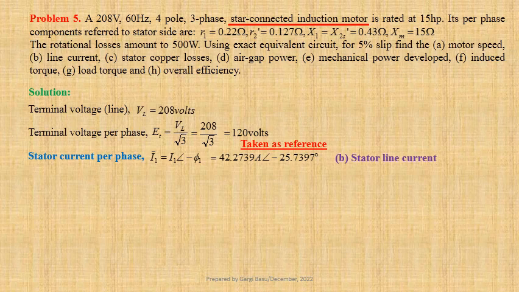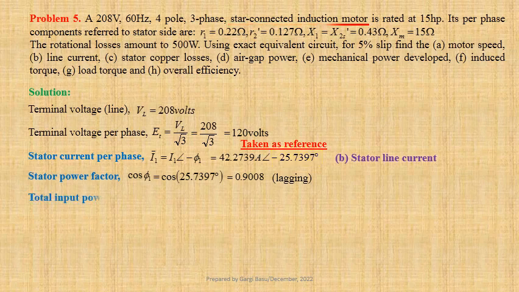Now we shall calculate stator power factor. cos phi1 equals cos of 25.7397 degree, that is equal to 0.9008 lagging.